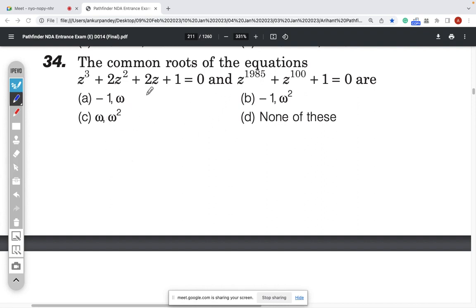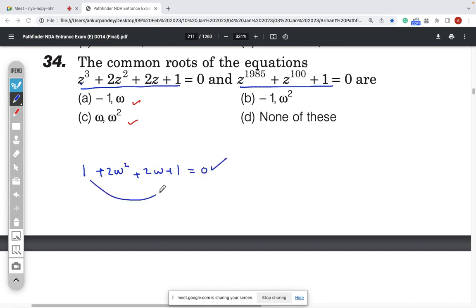There are two equations, equation number 1 and equation number 2. Is omega satisfying them? Check. Because if omega is satisfying, either this or this would be the answer. So you'll be like, okay, omega cube is 1, plus 2 omega square plus 2 omega plus 1. It is 0.